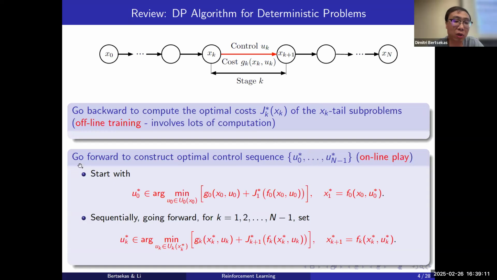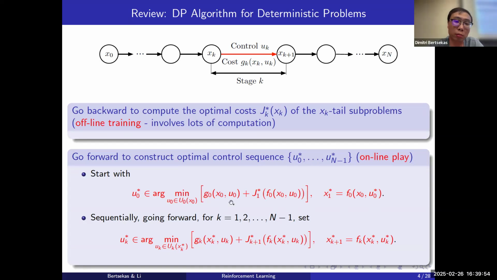On the other hand, for this going forward online play process, we only need to compute this formula n times. For each stage, we encounter one x_k star, starting with x0 star. We compute its associated cost function, associated Bellman's equation minimization to get the minimizing control. And that's sufficient. So that means this formula needs to be computed n times. It has nothing to do with the size of the state space. And that's it.